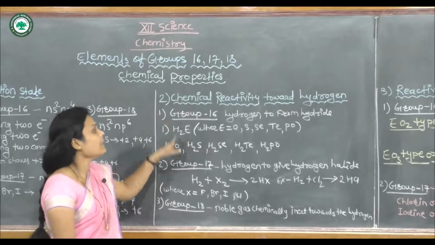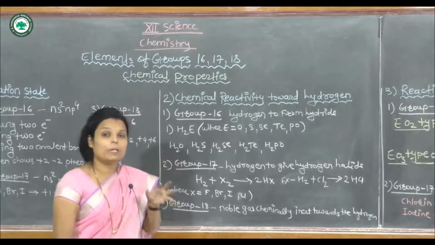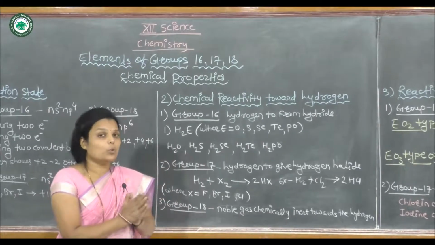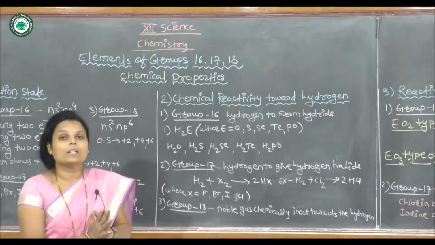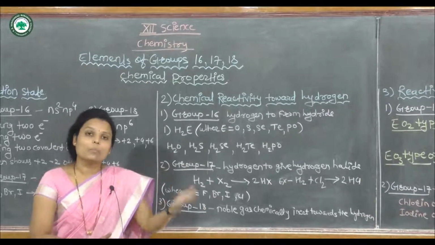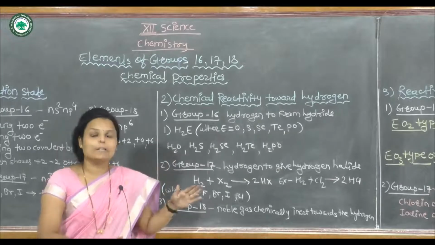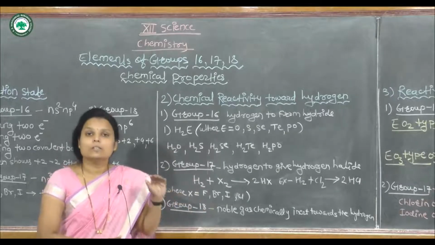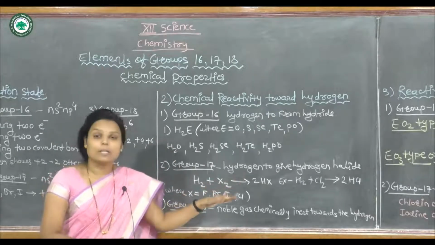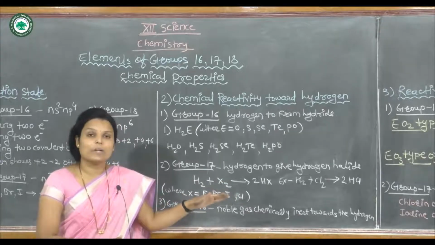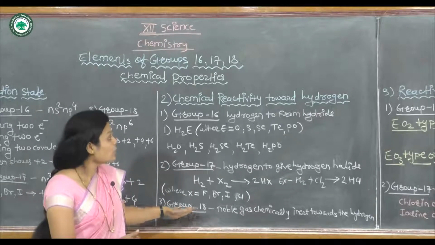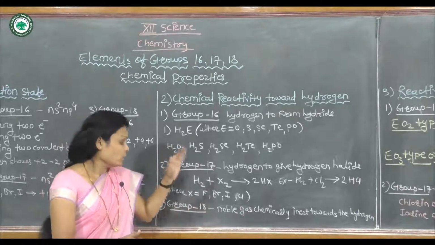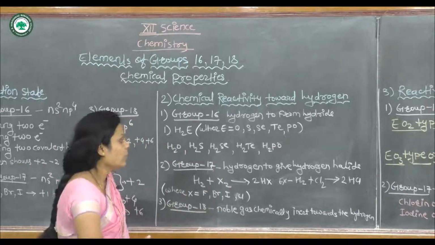This is the chemical reactivity towards hydrogen: groups 16 and 17 react with hydrogen and form hydrides and halides, while noble gases are chemically inert and do not react with hydrogen.